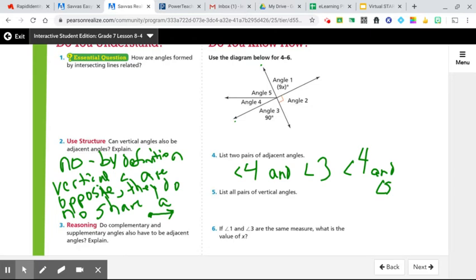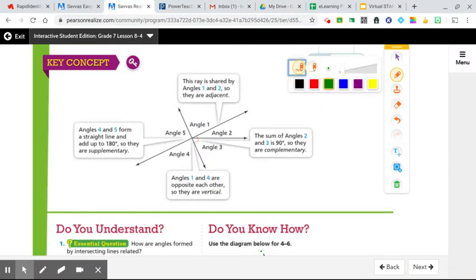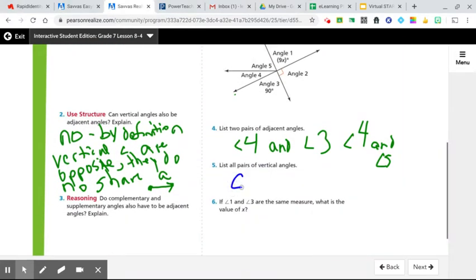Well, clearly 1 and 3 are opposites. Angle 1 and angle 3. Angle 2 is not opposite because you're not going to have angle 2 opposite angle 4 and 5. It doesn't work that way.